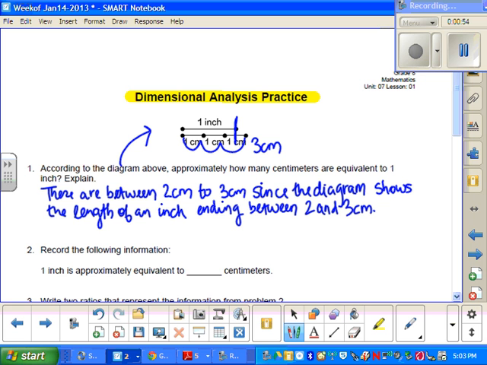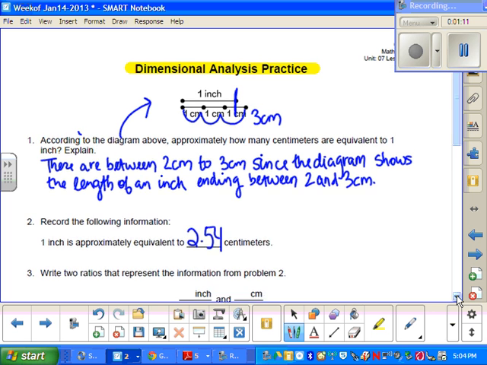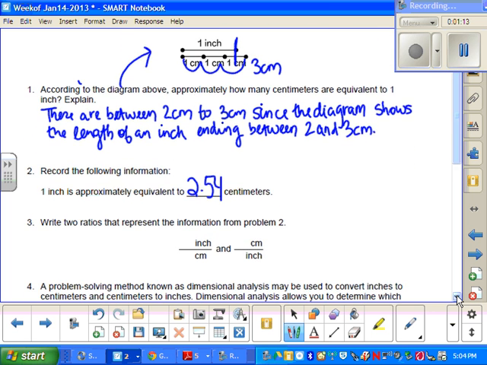1 inch is approximately equivalent to 2.54 centimeters. And this is something you guys just need to know, that it's about 2.54 centimeters.